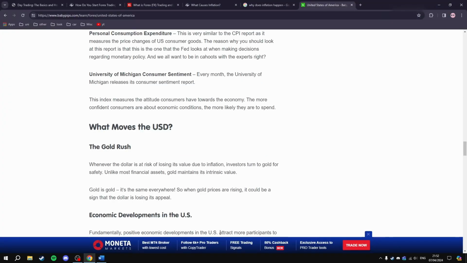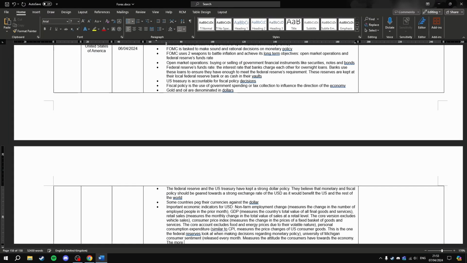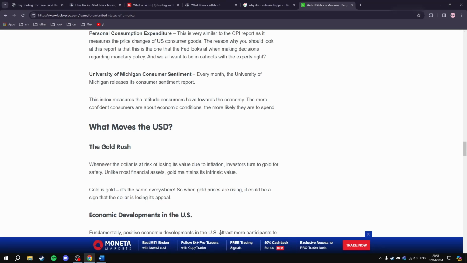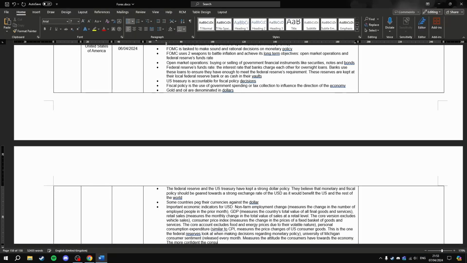The more confident consumers are about economic conditions, the more likely they are to spend.